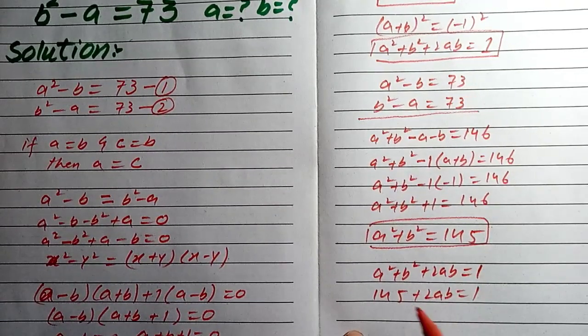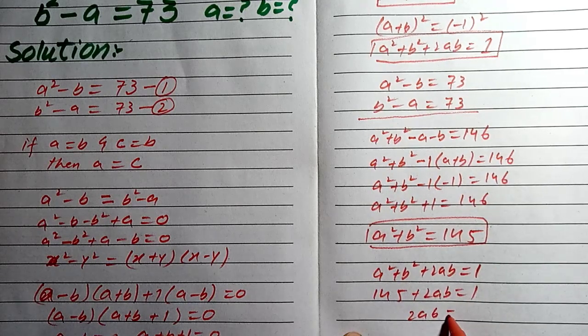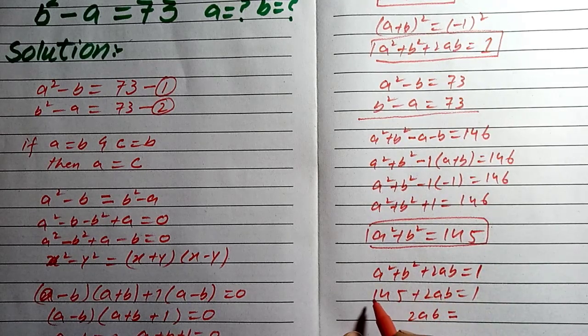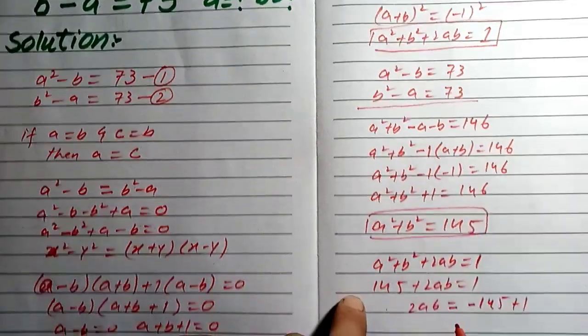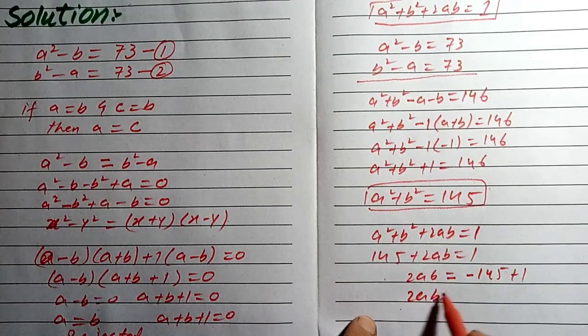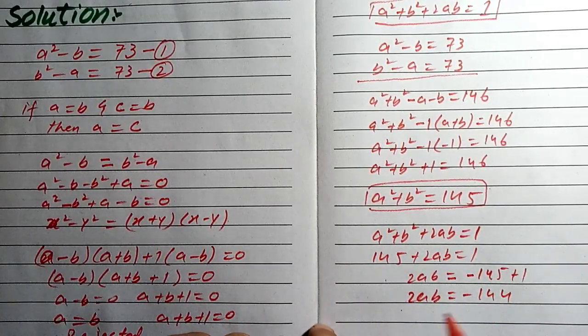So on this side we can subtract 145 on both sides, and we get 2ab, which is equal to -145 plus 1. So this will be converted as 2ab, which is equal to -144.